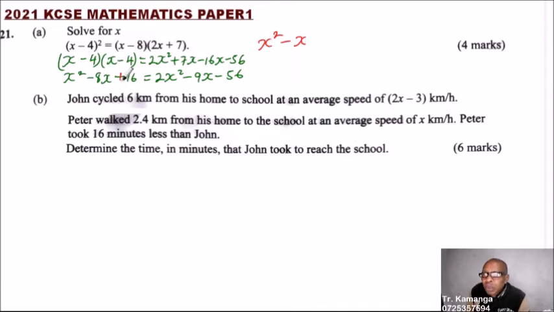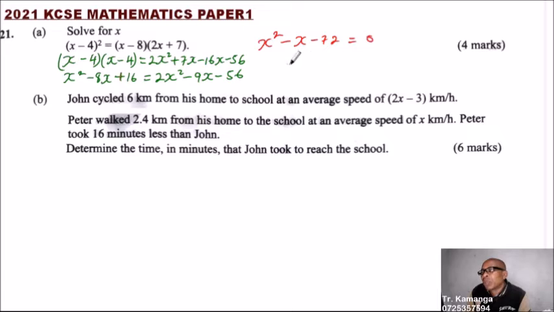So it will be minus 56 plus 16, that will be minus 72.